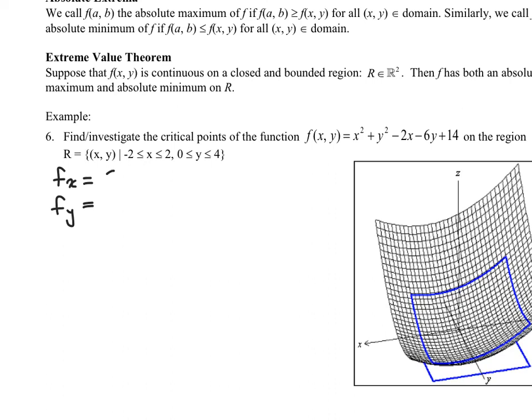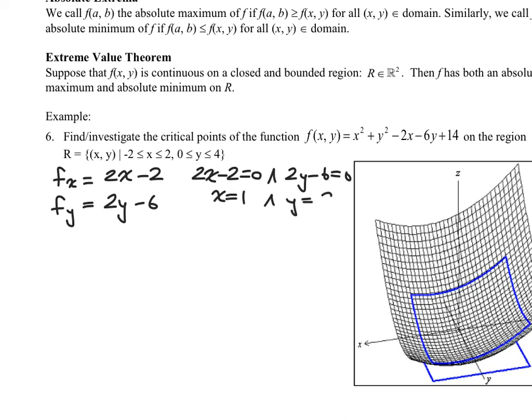So we're looking at 2x minus 2, and then 2y minus 6. All right, so if I'm not mistaken, this is either the exact same problem that we started with or a slightly varied version of it, but we need to set each of these equal to 0 and solve, and you get x equals 1 and y equals 3.